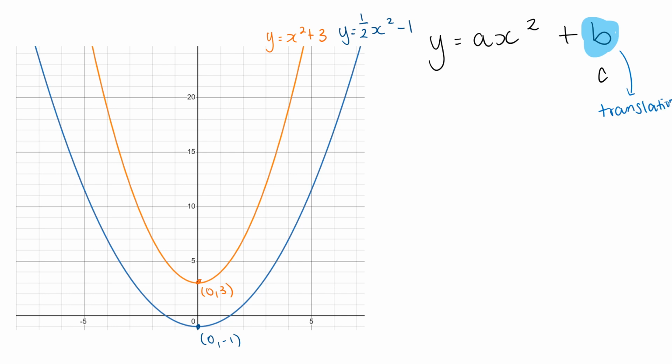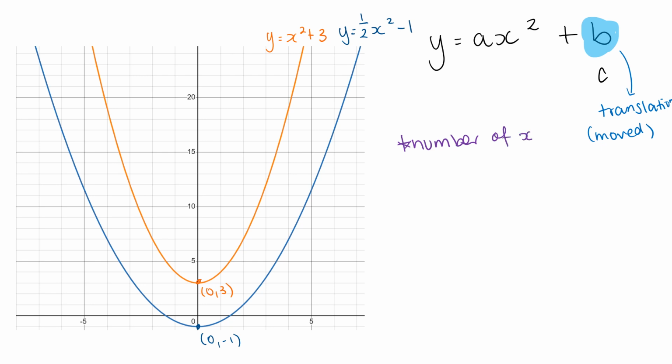And you don't have to worry too much about the key terminology at the moment, but a translation just means that it's been moved. It's been moved left, right, up or down. And what the b does in this situation is it moves it up or down. And what that does is that affects the number of x-intercepts.